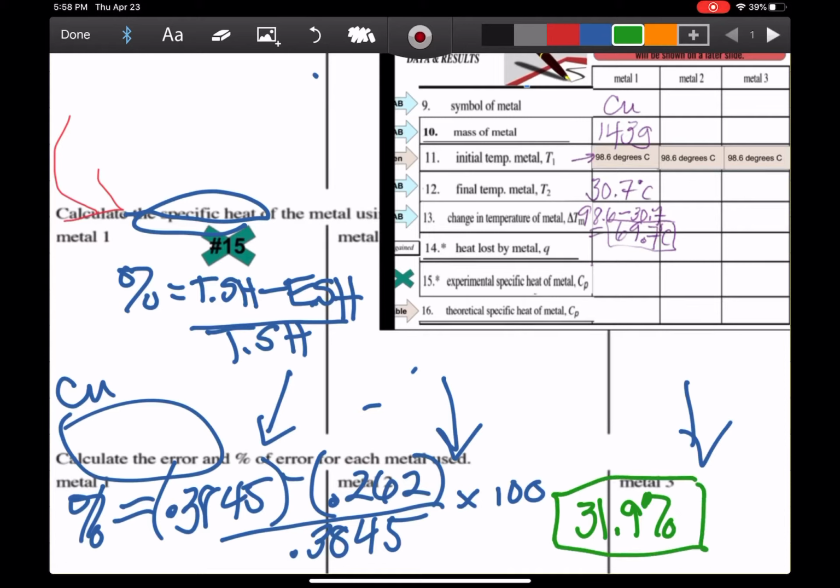That means that you have that much error in your calculated specific heat, as opposed to the theoretical value, which is what it's supposed to be according to a data table. There you go.